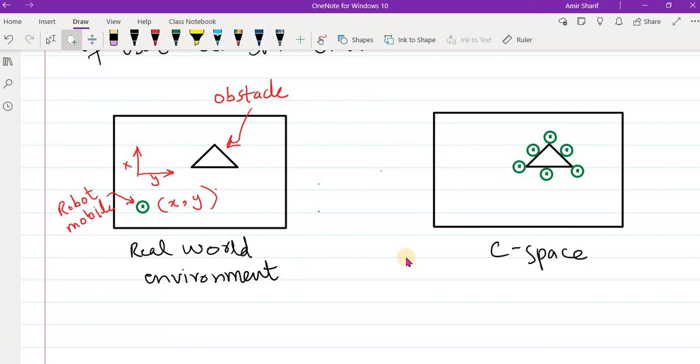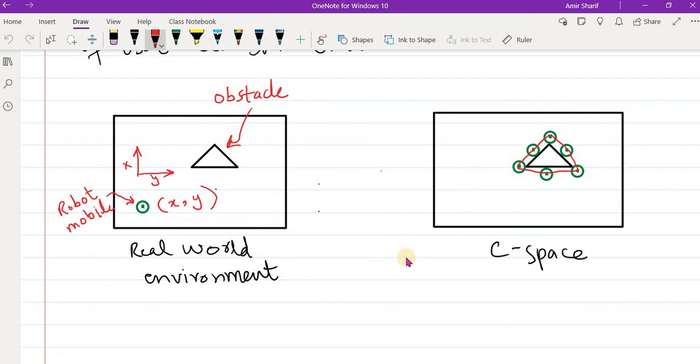It means the distance between the center of your robot and the obstacle will always be equal to the radius of the robot. So that's why we can consider this whole region, connecting the center points, as the obstacle.